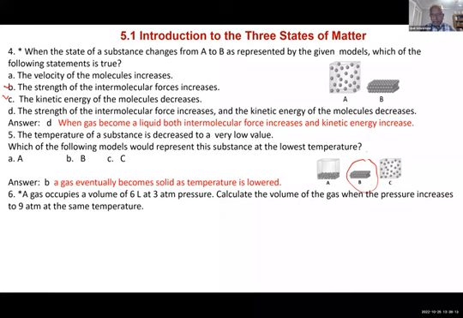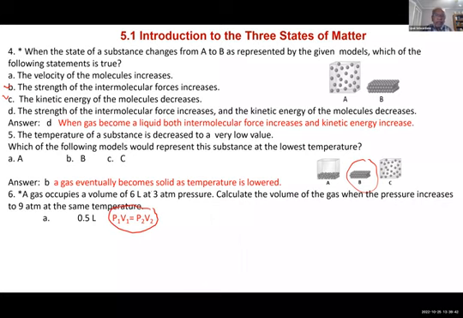Okay, there's a calculation. A gas occupies a volume of 6 liters at 3 atmospheres. Calculate the volume of the gas when pressure is increased to 9 atm. Now this is a Boyle's law type calculation. Boyle's law is P1 V1 equals P2 V2.